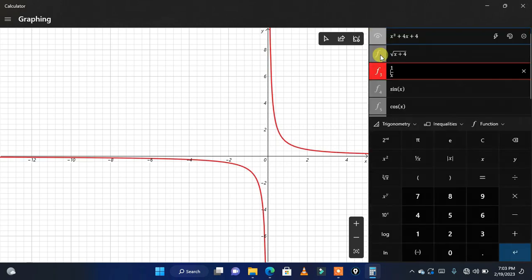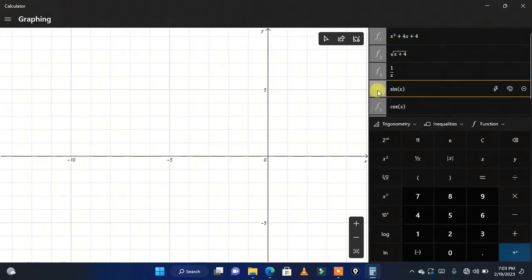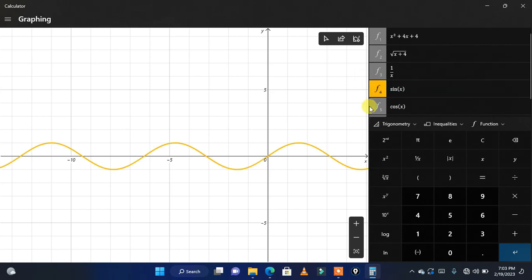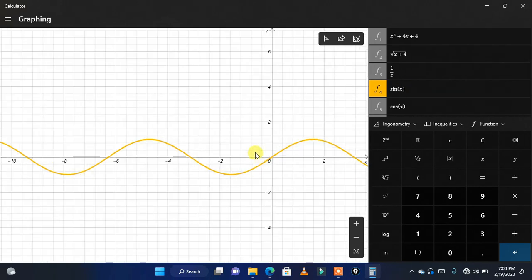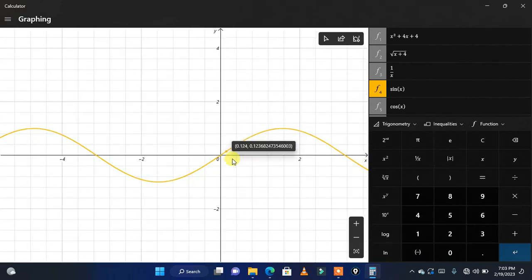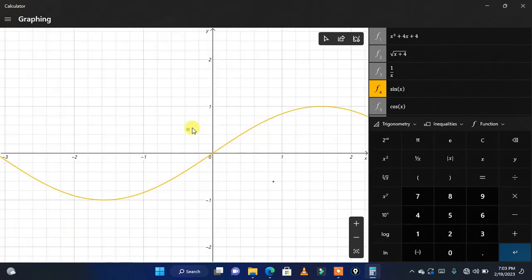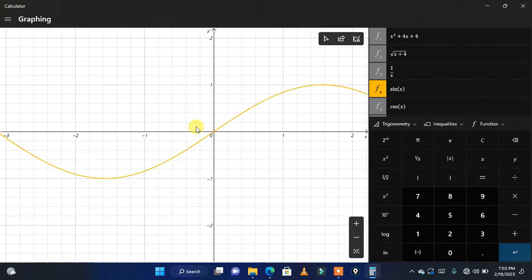So quickly, let's go to that of the sine or the trig curve that we have here. Now the sine curve, let's try to zoom it out to get the precise definitions of what we want to identify.